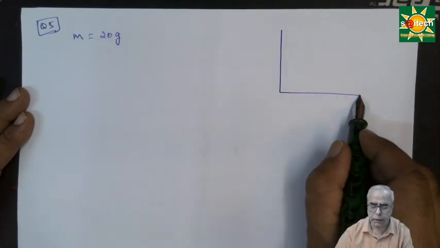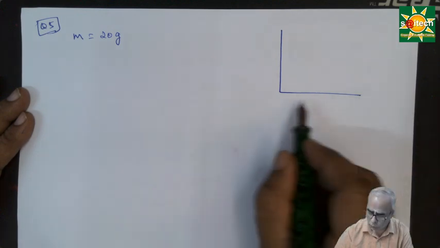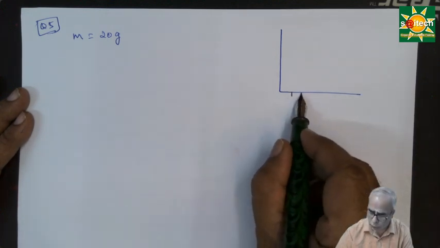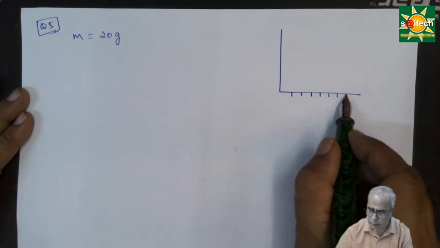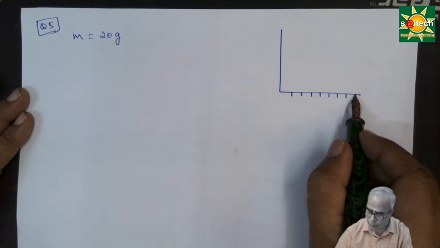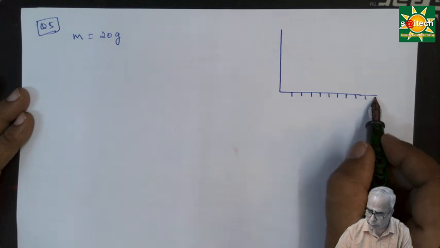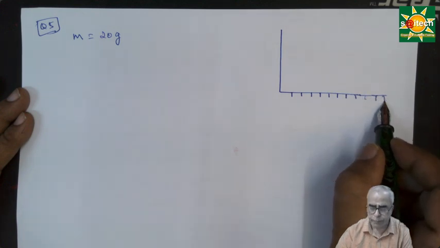The plot has a y-axis and an x-axis, marked 1, 2, 3, 4, 5, 6, 7, 8, 9, 10, 11.